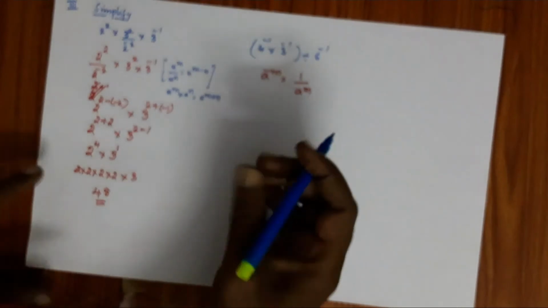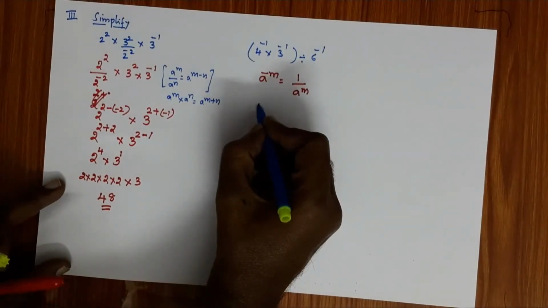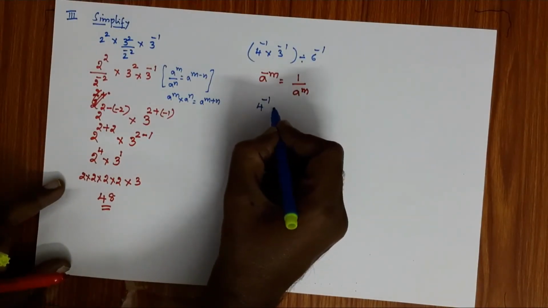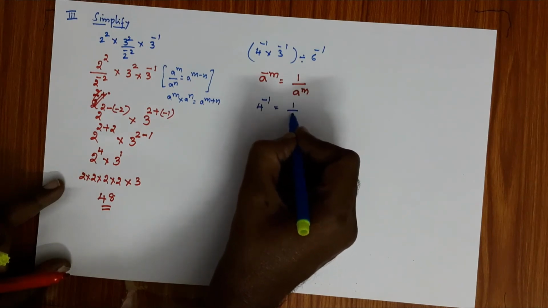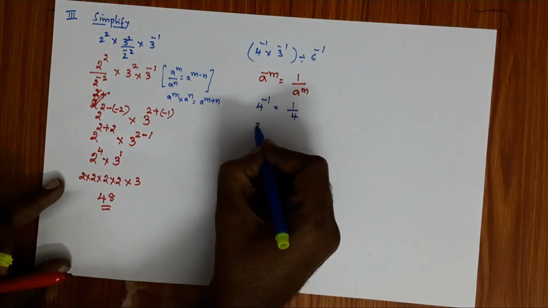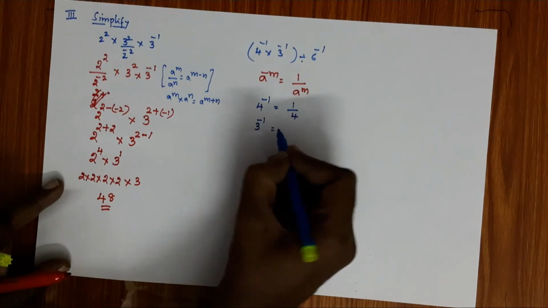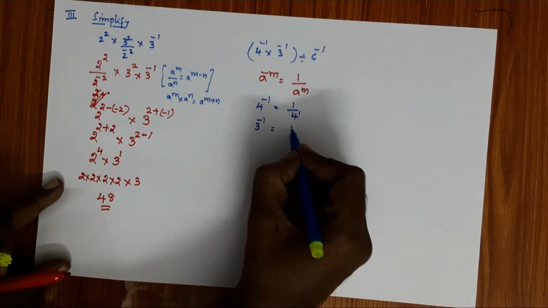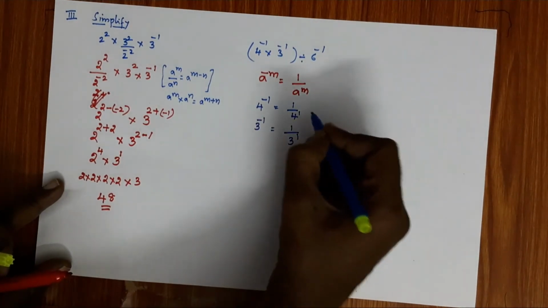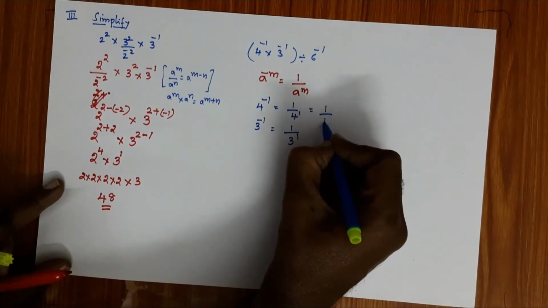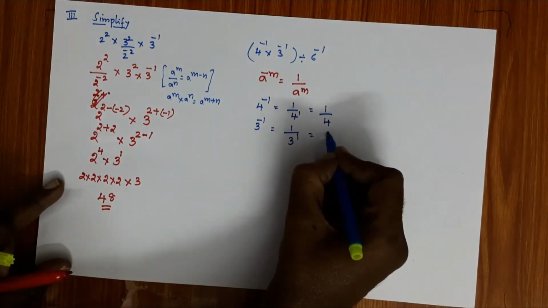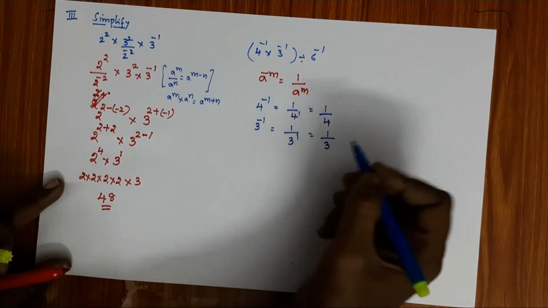So here 4 to the power of minus 1 can be written as 1 by 4. 3 to the power of minus 1 can be written as 1 by 3 to the power of 1, which is only 3.